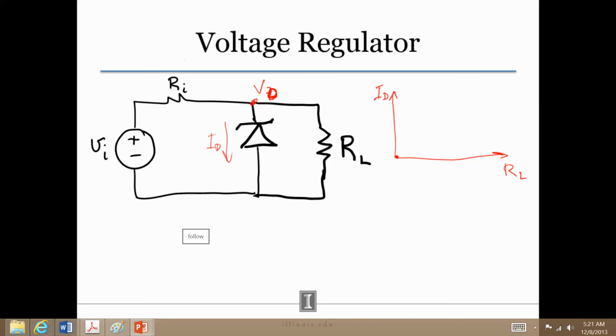This voltage across the diode is going to be 0, right? Because RL is in parallel with the diode, and so no current will flow. Okay. As resistance grows bigger and bigger, the diode is still off, and the circuit just consists of these two resistors, right?